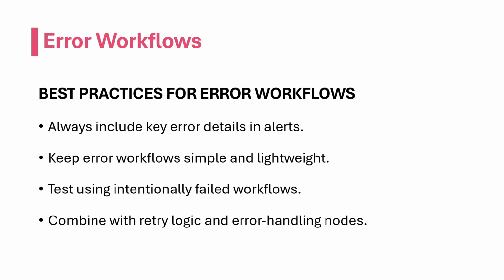Then you have to keep your error workflow very simple, so you don't want your error handler to fail too. Also, one thing you have to keep in mind is that you have to test it using a workflow that intentionally throws an error so you know it's coming. Finally, you have to combine global error workflows with node level error handling like continue on fail or error branches for complete reliability.